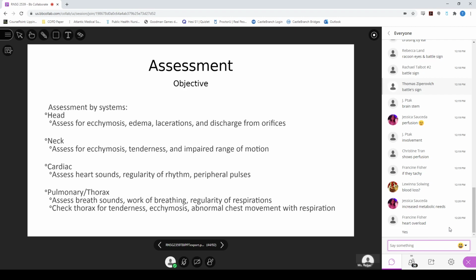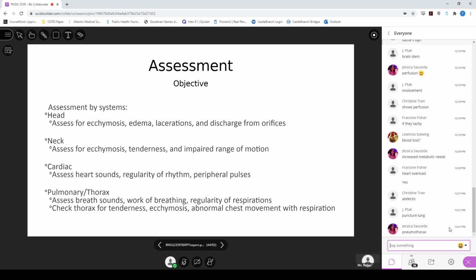Okay. So then pulmonary and thorax. You're going to assess those breath sounds, the work of breathing, the regularity of the respirations, any tenderness on the chest, abnormal movements with respirations, and what would those abnormal movements be? What would they possibly alert you to? If you're watching a chest expand and only one side's rising, or if you're assessing breath sounds and you only hear breath sounds on one side, that's right, punctured lung, pneumothorax.